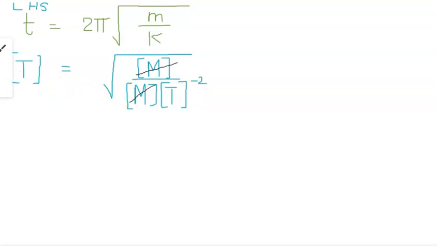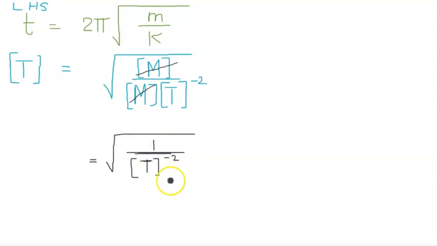Now what we can do is bring this T minus 2 on the top. So that is 1 over T minus 2. We can bring that one on the top and change the minus to positive. That's the rule of indices. So that becomes T squared. But remember, there is a square root as well.